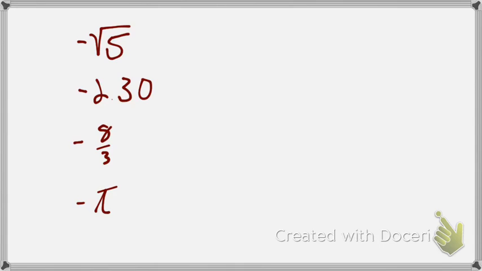We'll say negative square root of 5, negative 2.30, negative 8 over 3, negative pi, okay, that's just 4, all right, I'm just making up numbers.